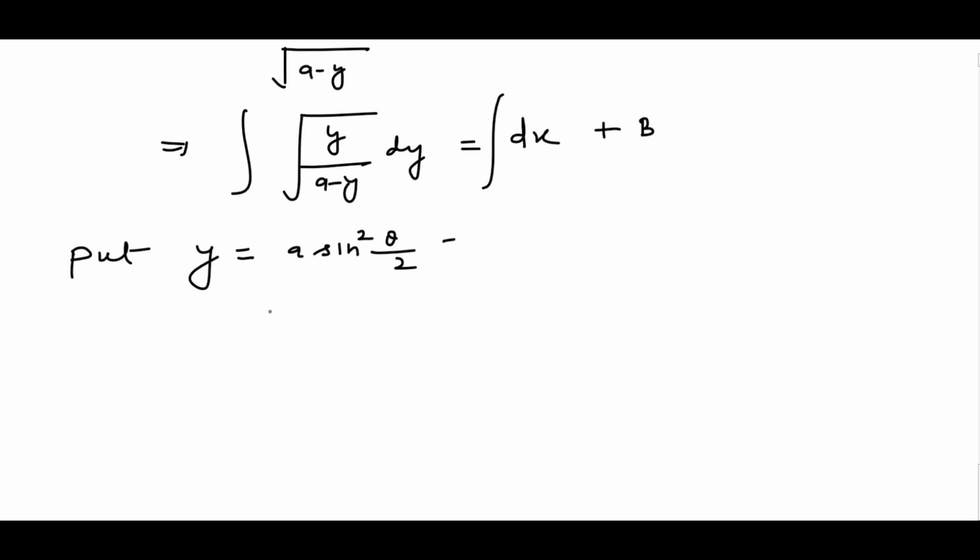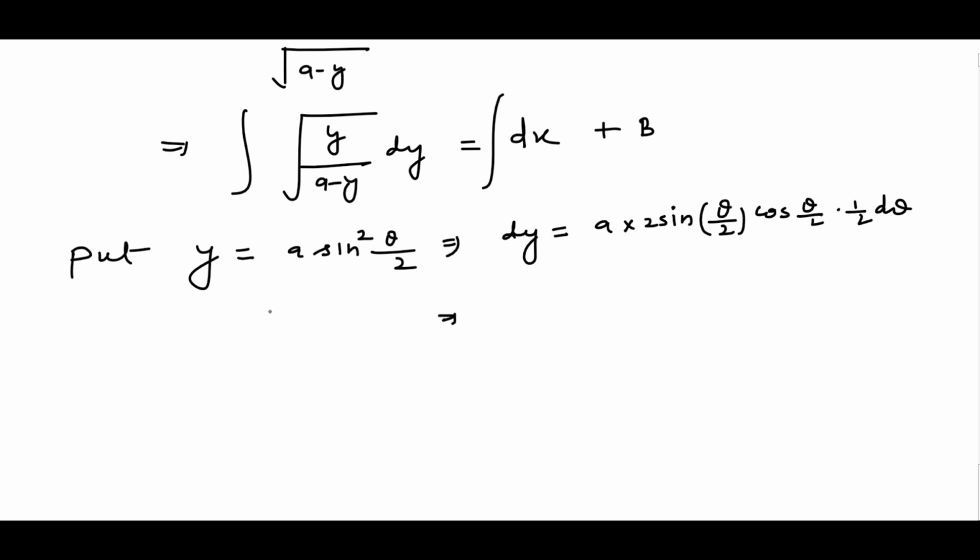So now on differentiation we will get dy is equal to a multiplied by 2 sine theta by 2, times the derivative of sine theta by 2, that is cos theta by 2, and the derivative of theta by 2 with respect to theta will give 1 by 2 d theta.